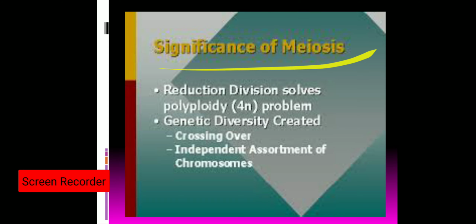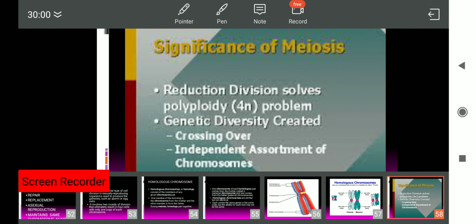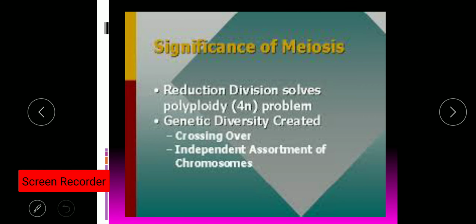What is the significance of meiosis? Meiosis is the reductional cell division which solves the problem of polyploidy. What is the problem of polyploidy? For example, in humans the number of chromosomes is 46.